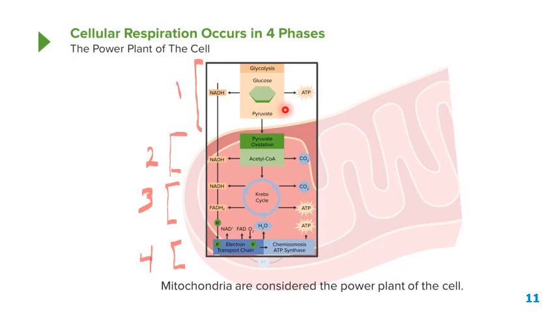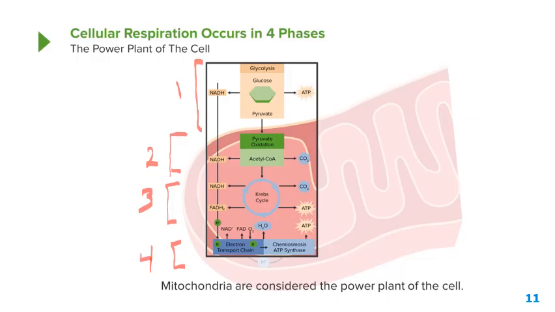So with glycolysis, you're going to produce NADH, and you're going to produce ATP, right? Not a lot of it. And then here, for pyruvate oxidation, you're going to produce some NADH. And then when you get here to the Krebs cycle, you're going to produce NADH, FADH2, and you're going to produce energy that is ATP equivalent, but you're really producing GTP, right?